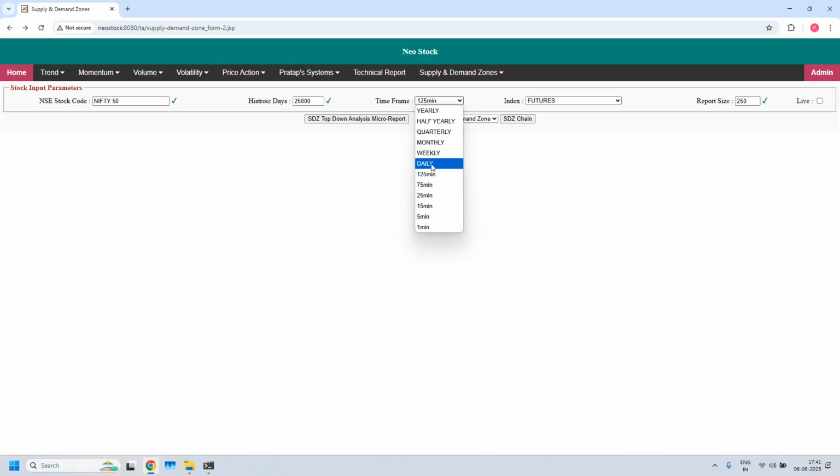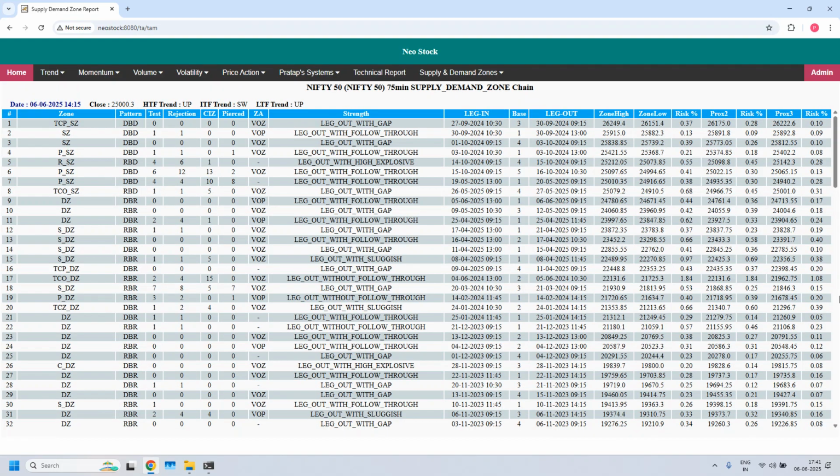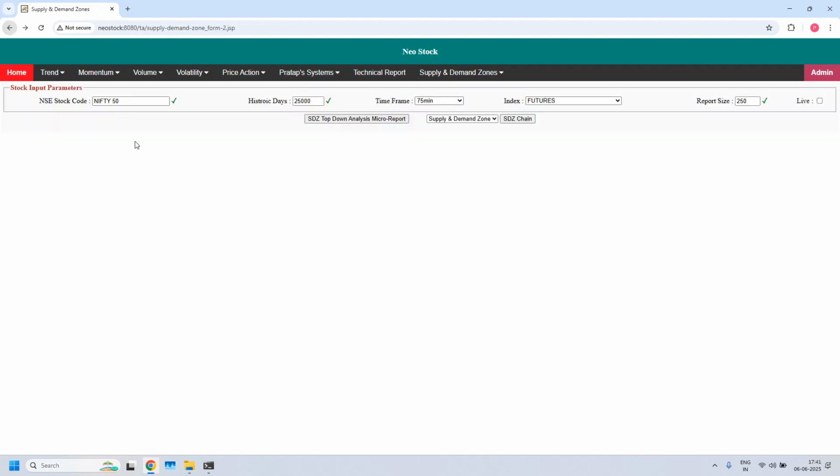Next, 75 minutes supply demand zone chain for Nifty. Next, 25 minutes supply demand zone chain for Nifty.